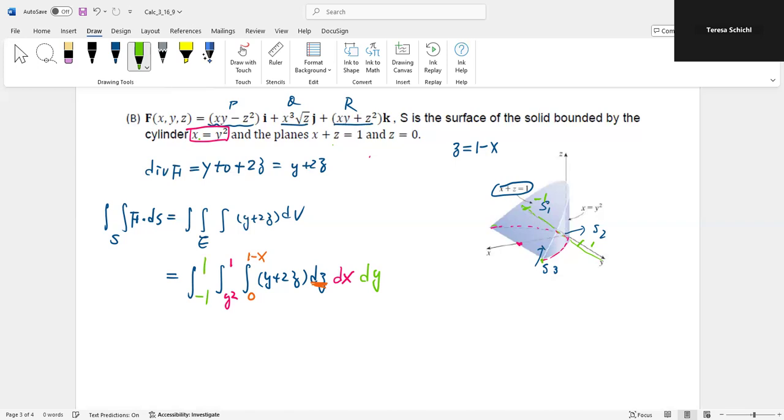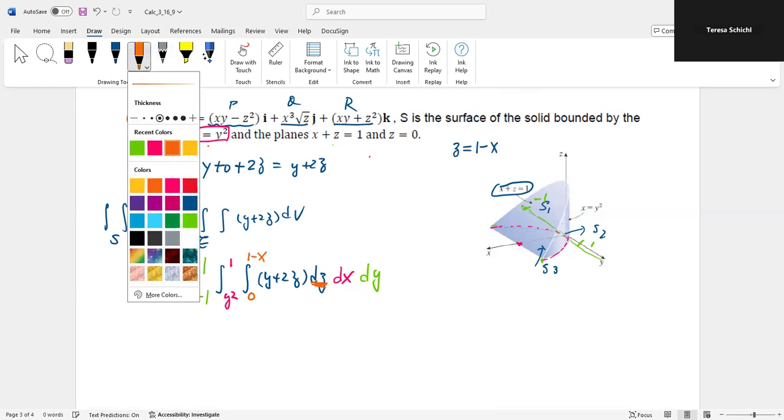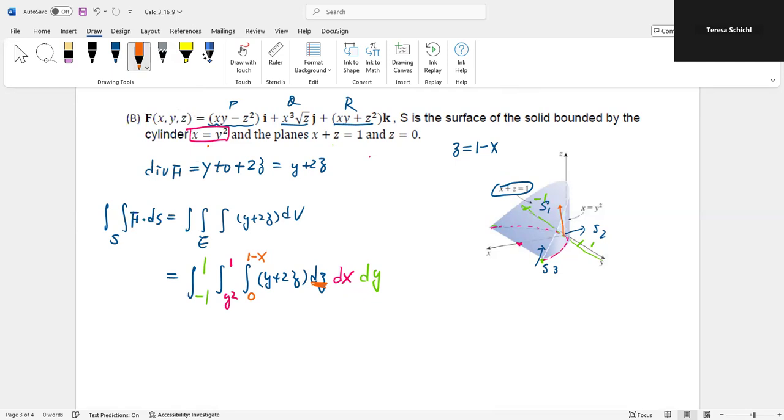So for this one, we need to be a little bit careful. Finding the divergence is pretty easy. After you find the divergence, you integrate with respect to z, from 0 to this plane, and this plane is z equals 1 minus x. Then for dx, x and y are in this red curve, so x is from y squared to 1.